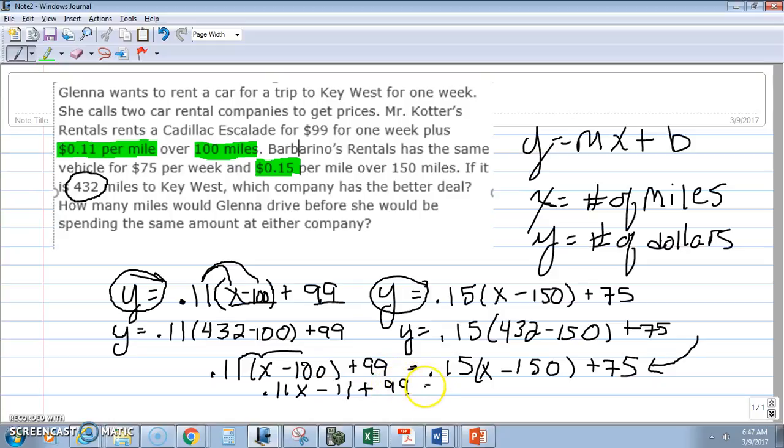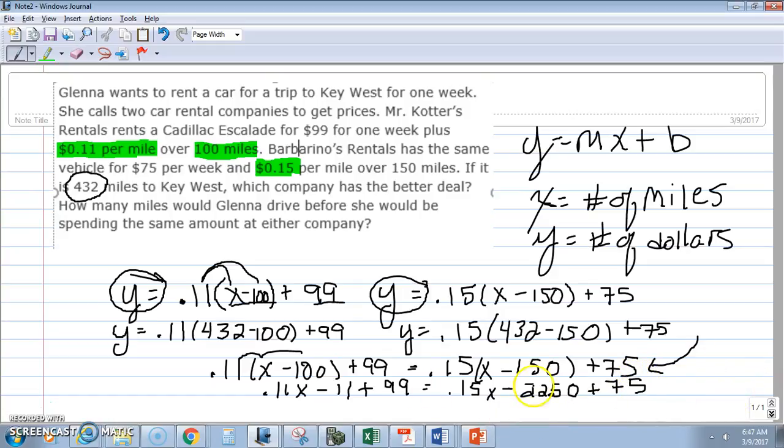Plus 99 equals 0.15x minus, because I have a positive and negative, that's minus 15 times 15 is 225, and I have 1 0, but I have 2 decimals, so it's going to be 22.50. Actually you guys might want to double check that with the calculator. This is just off the top of my head.